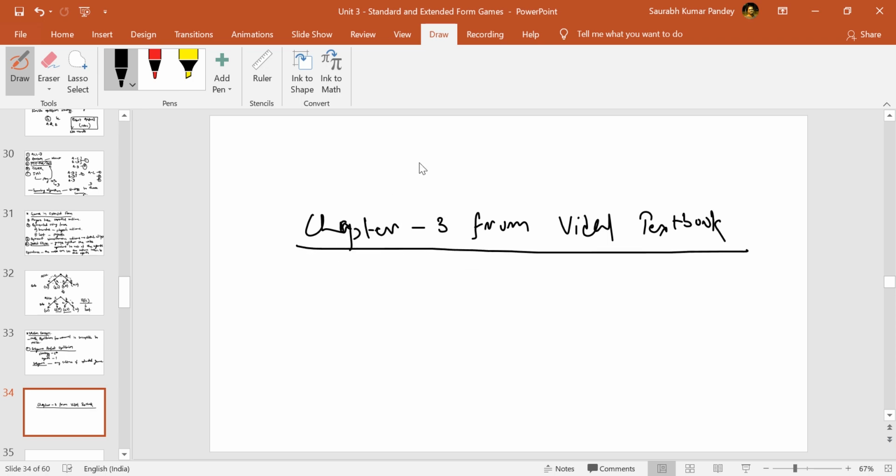Okay, and this is the second part of your unit 3 that we are currently going forward with. Okay, so this is for your further reading purpose. Okay, if you face any difficulty, we will discuss it in the class, or else we will go forward with the next topic of the unit.